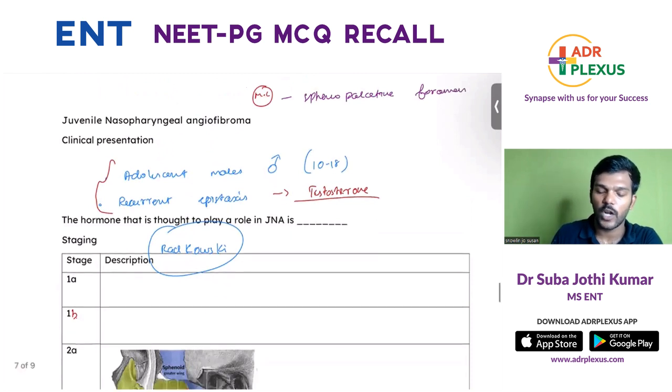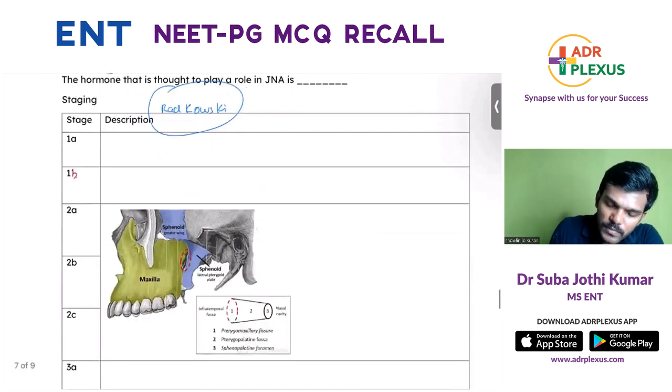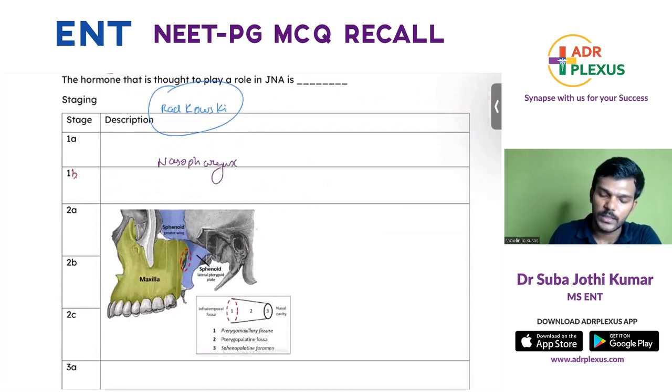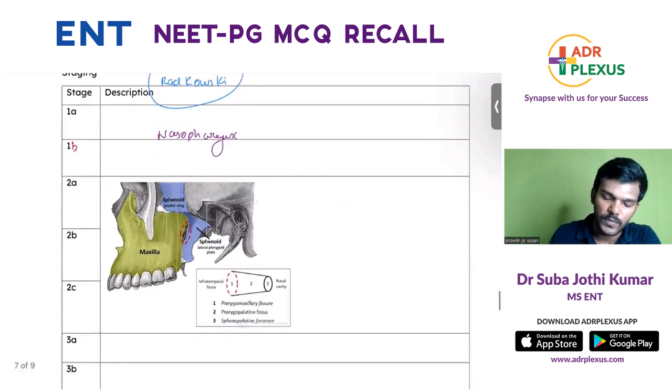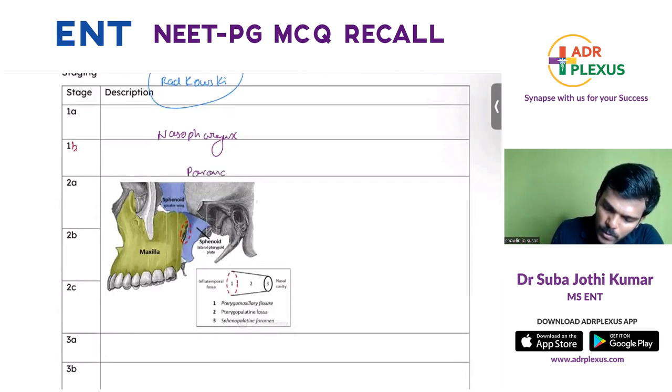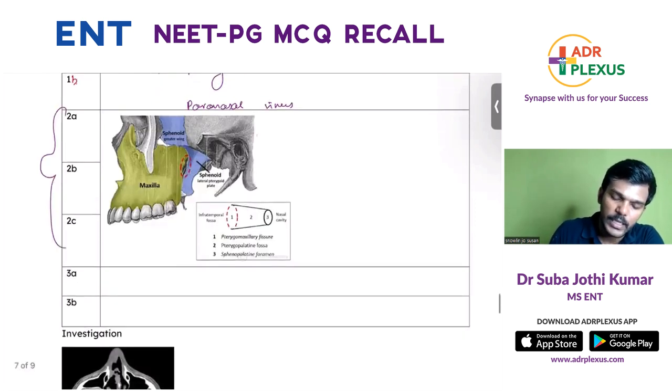Okay, sphenopalatine foramen. So 1A is just within the reach of the nasopharynx. Okay, it is just within the reach of the nasopharynx. It could reach the paranasal sinuses. This too is entirely the pterygopalatine fossa.